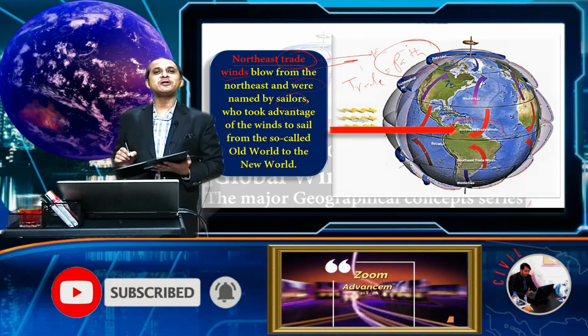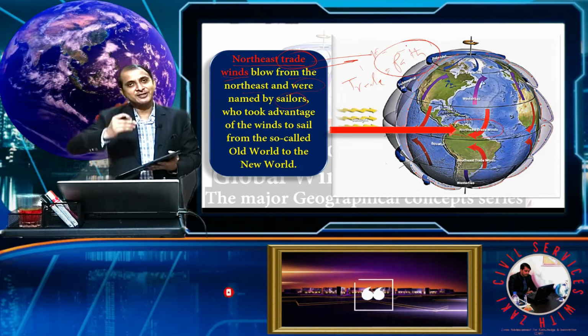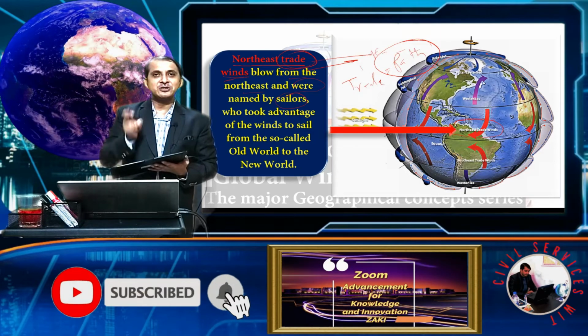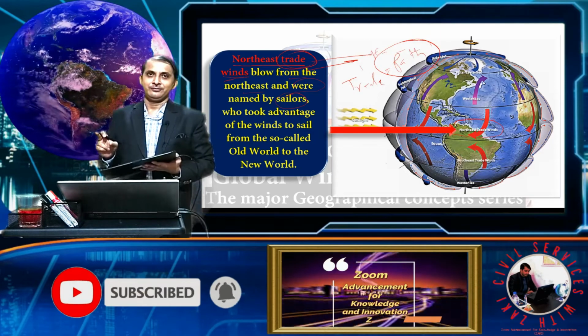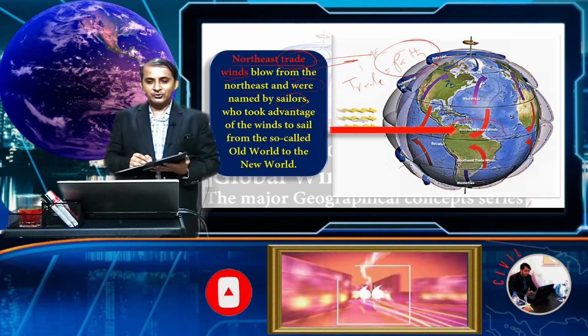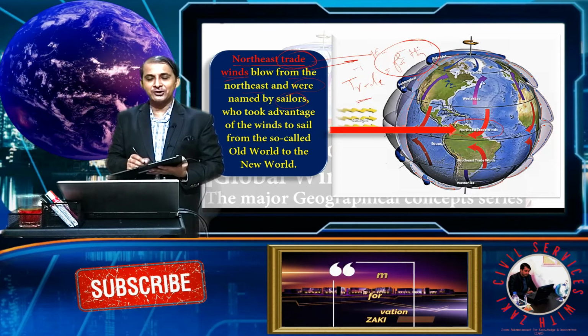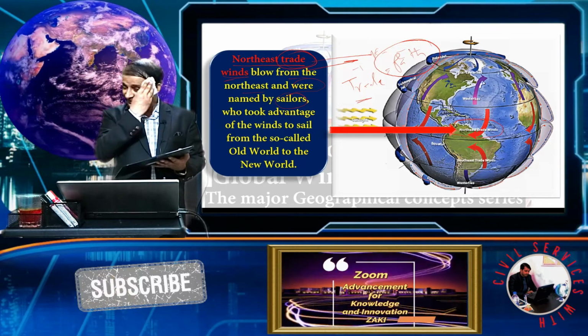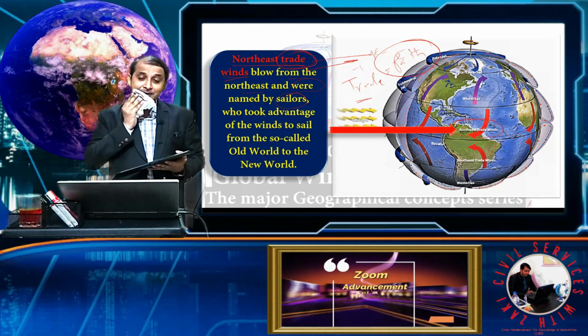So sailors discovered the path, and that's why it is called the trade wind. Trade wind means path, not commerce. Remember, this concept is very significant, because several times UPSC has asked whether trade wind means trade. No, trade means path.